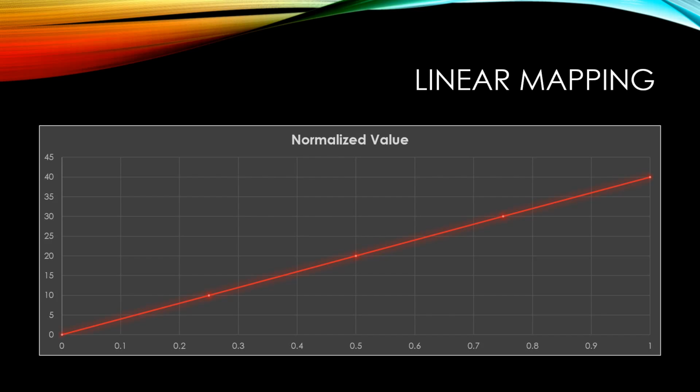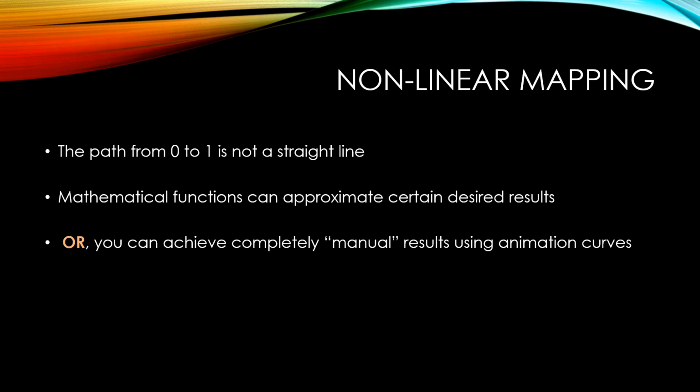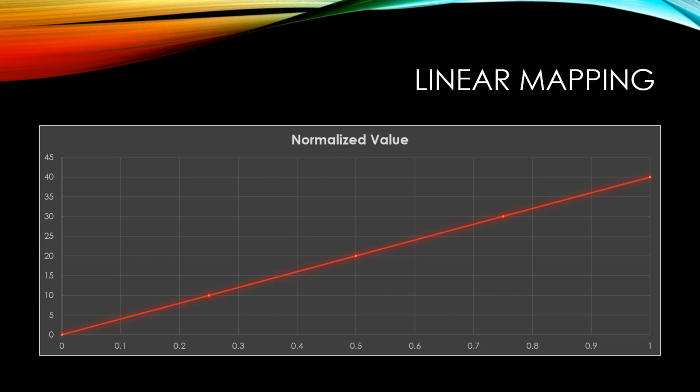So up until this point, we've been talking about a linear mapping where we have a straight line connecting the minimum and the maximum across the range of 0 to 1. There can also be a nonlinear mapping from the range of 0 to 1. As in the previous graph, the range is a straight line going from minimum to maximum.